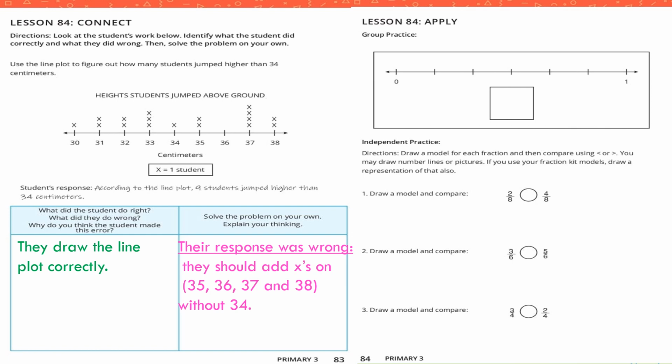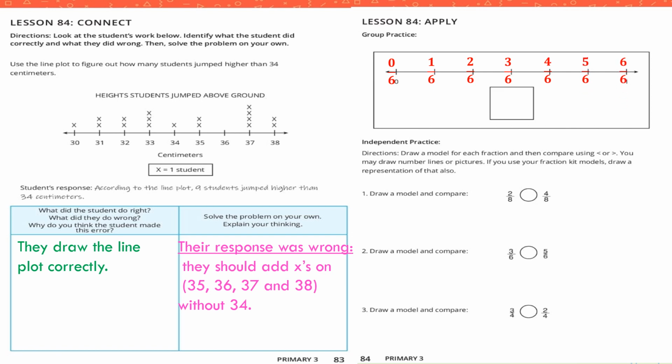The next page, the apply part. Group practice, we have a number line. Let's count: this number line is split into how many parts? 1, 2, 3, 4, 5, 6. So let's label each dash by its fraction: 0 over 6, 1 over 6, 2 over 6, and so on till 6 over 6.